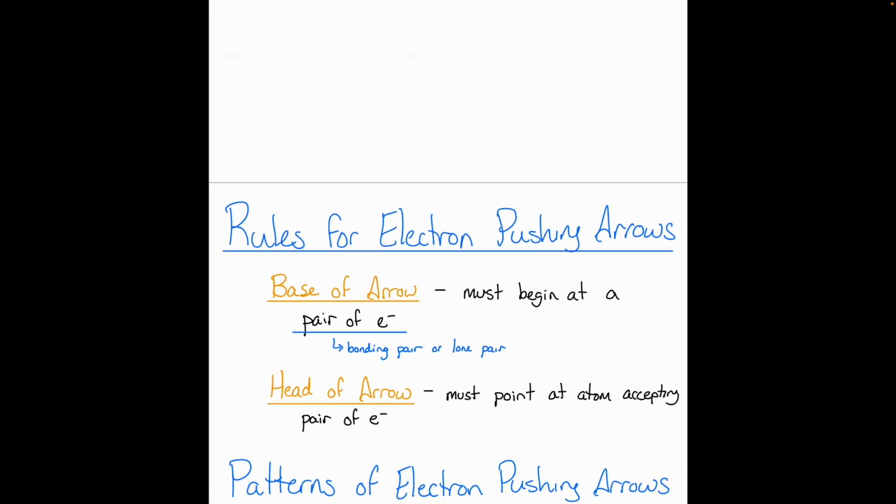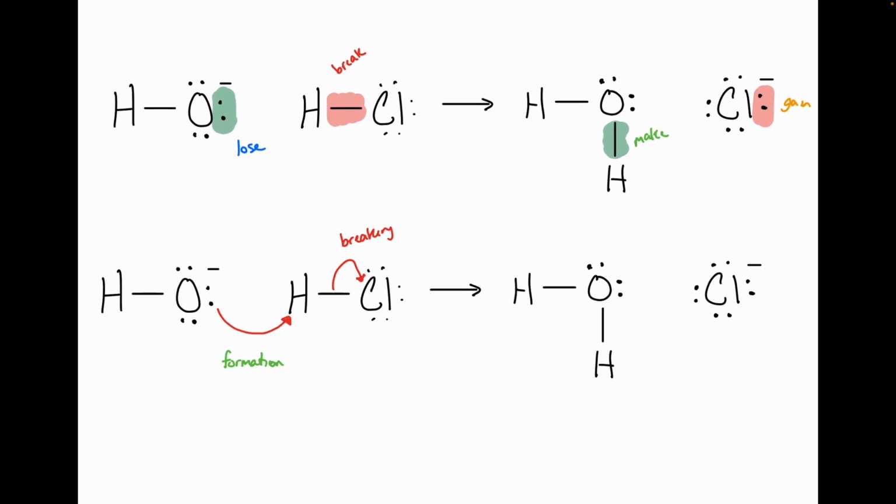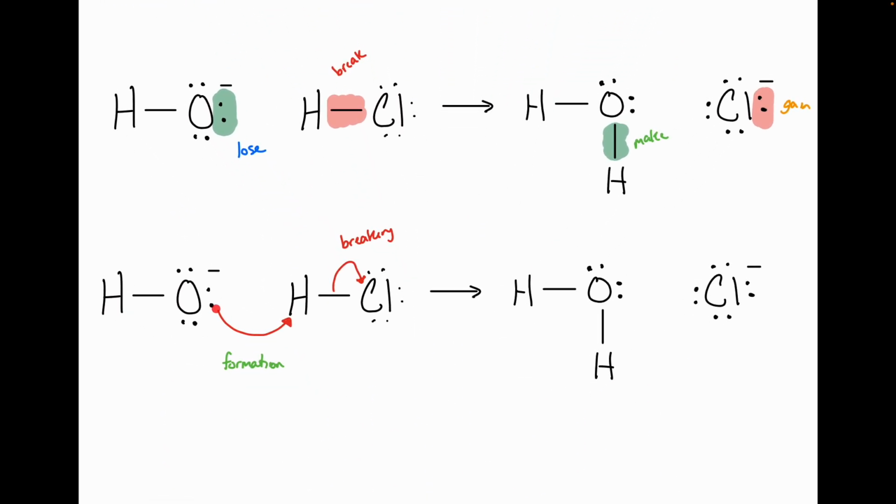All right, so going back up here, we look at our bond formation arrow. We have this lone pair of electrons, and it becomes a bonding pair of electrons in this reaction, right? So that's our bond formation pattern. Lone pairs become bonding pairs. If we look at our bond breaking arrows, it's the exact opposite.